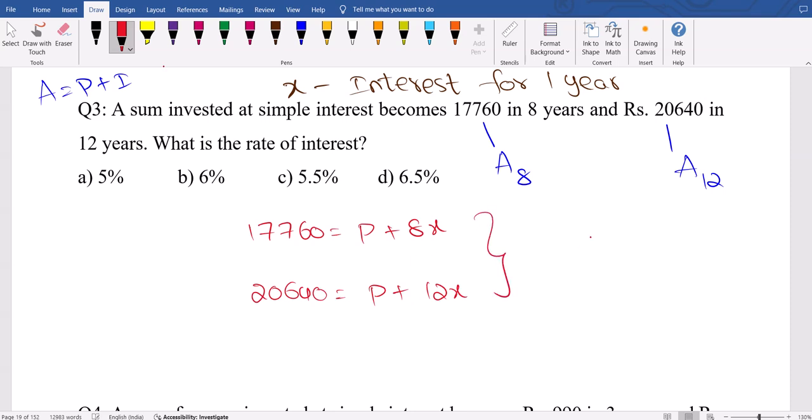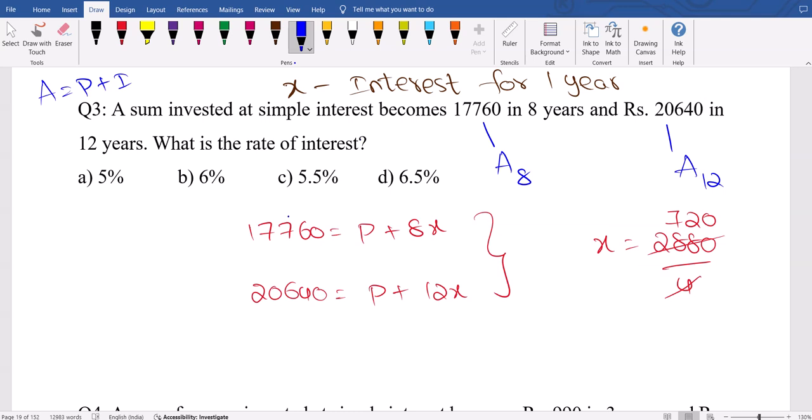From these two, we'll get the X value, 1 year interest. 4X here, 2,880 extra, then 2,880 divided by 4. 720 is the interest for 1 year.